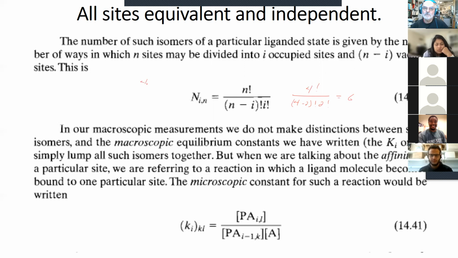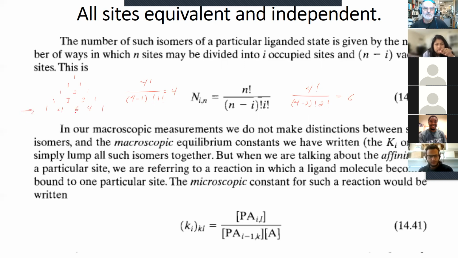But if you have 4 sites and you have 1 ligand, then this will be 4. And you can do the math. Remember what we did before: 1, 4, 6, 4, 1.